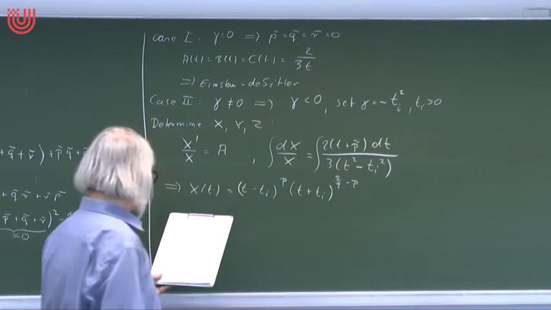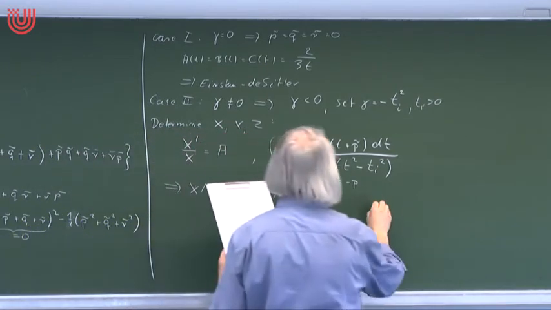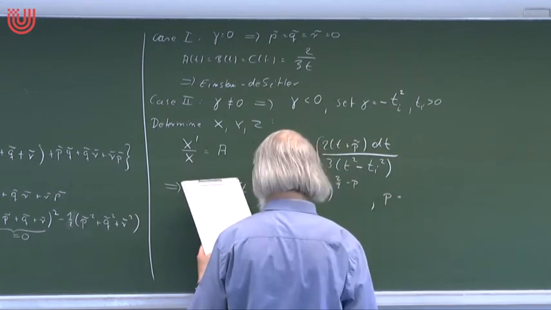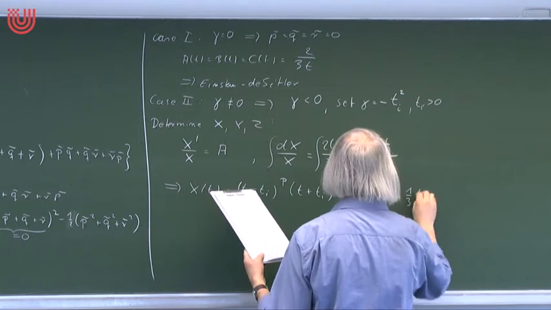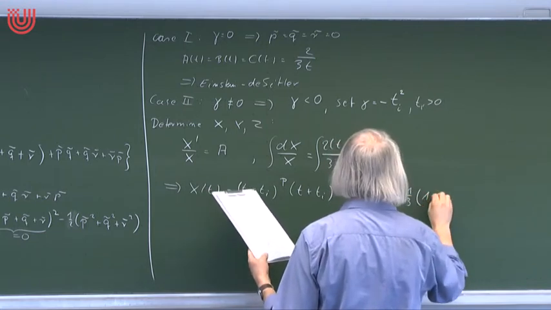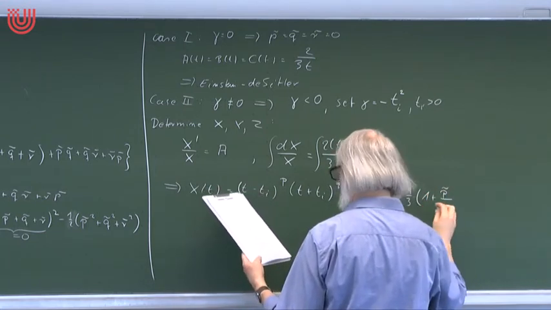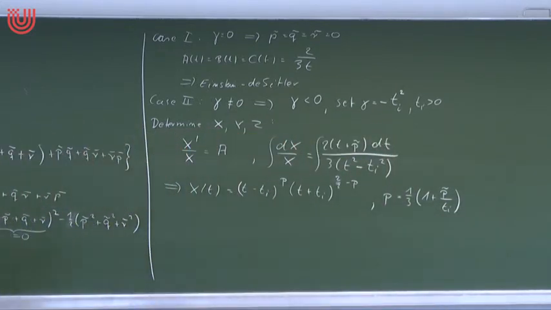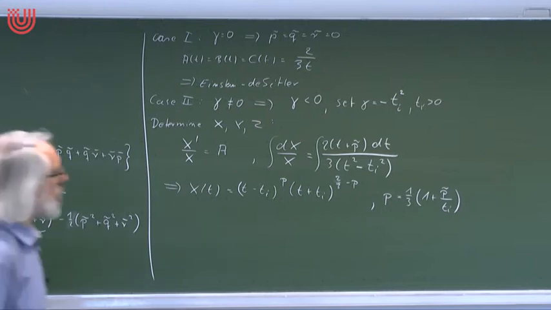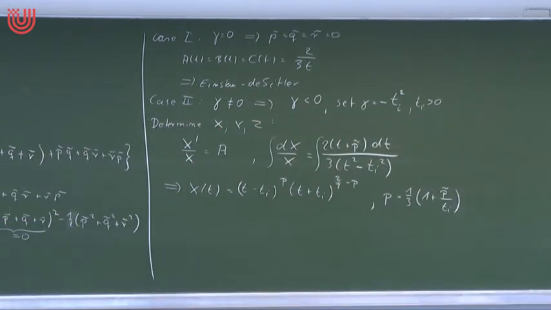And the new exponent p is expressed in terms of the old one and the time ti by 1/3 times 1 plus p twiddle over ti. Ti is non-zero, so we can divide by it. That's the solution of this differential equation.